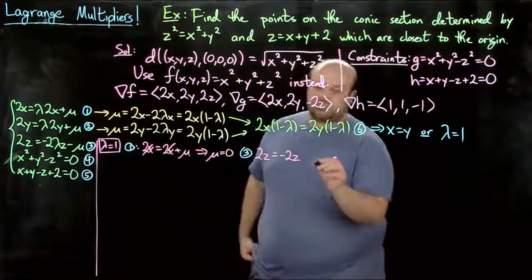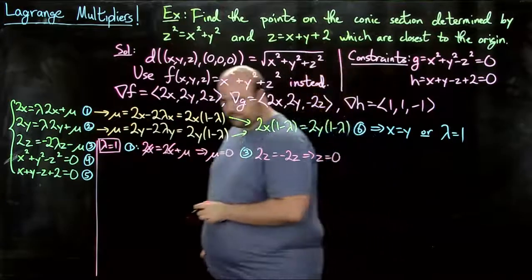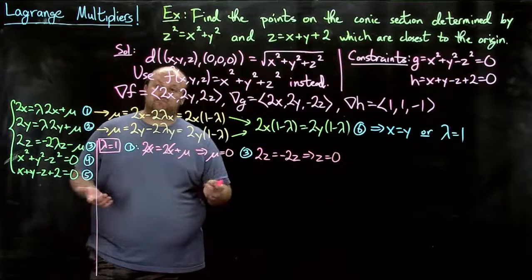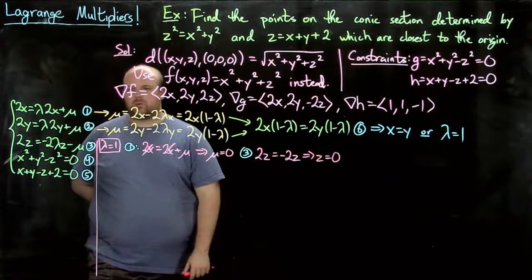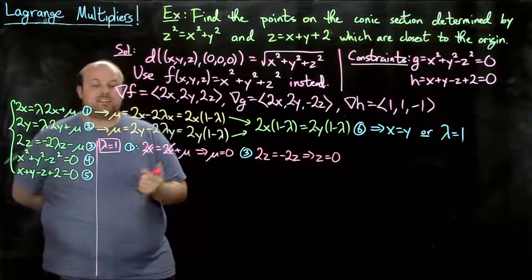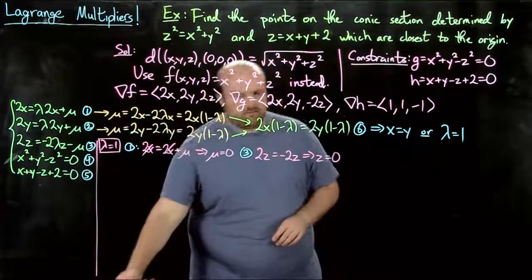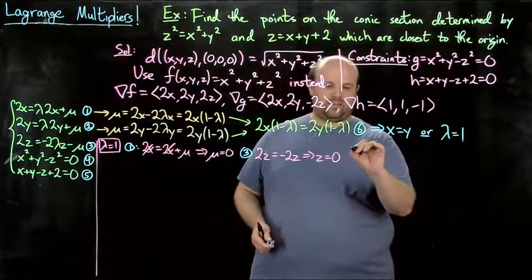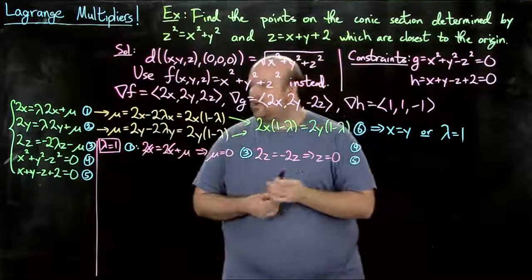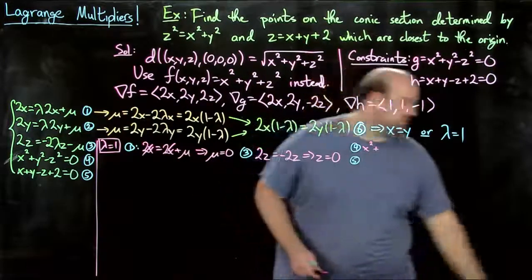Well, there's only one solution there: z has to be 0. So we now have z is 0. Where do we go from there? Well, we plug that into equations 4 and 5. We get equation 4 and equation 5 now are x squared... well, actually, we don't even need equation 5.